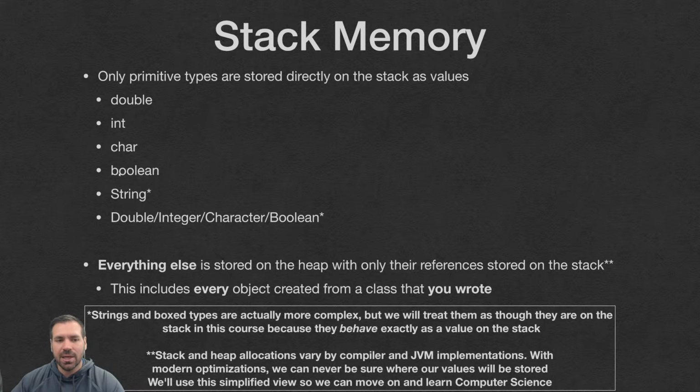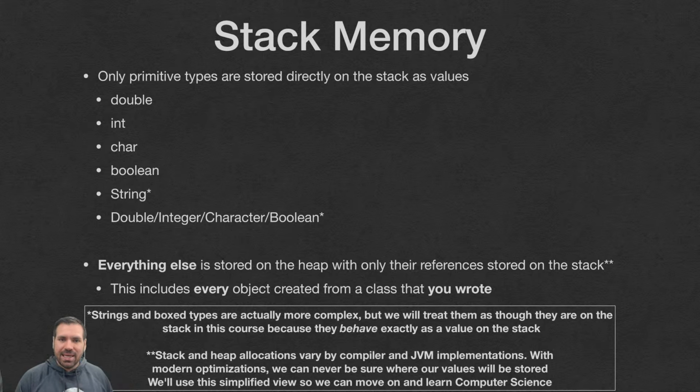Double, int mostly, and then sometimes boolean are the ones we're going to see in 116. We don't need to introduce the different sizes of whole number values and different sizes of floating point values. There are a whole bunch of different ones of these. There are also unsigned versions. We don't need to get into it all. These values are going to be stored in their variables directly by value.